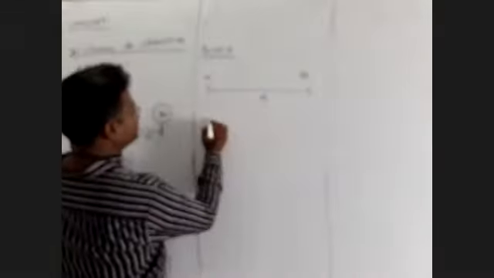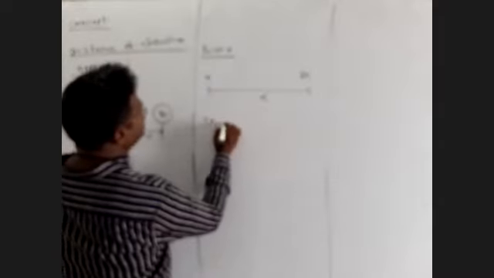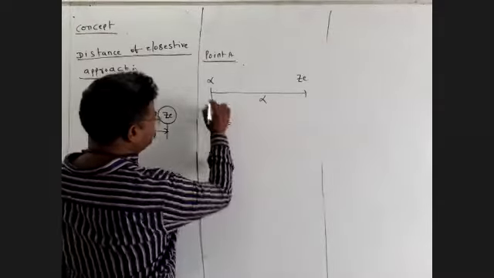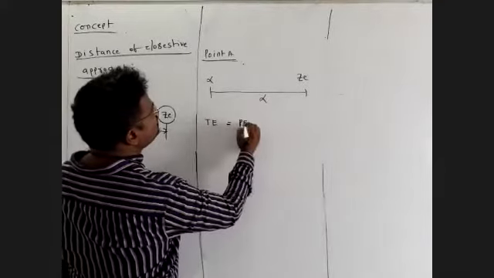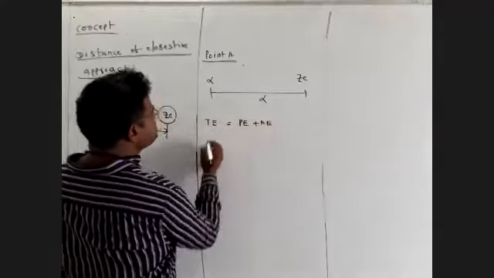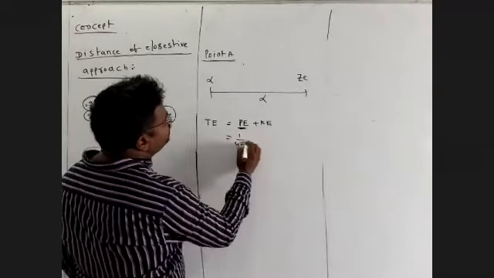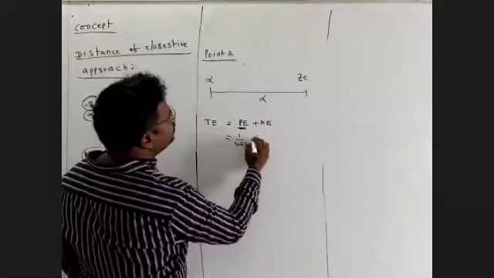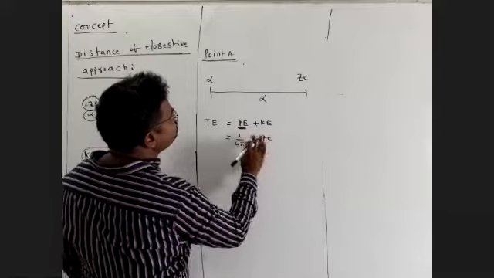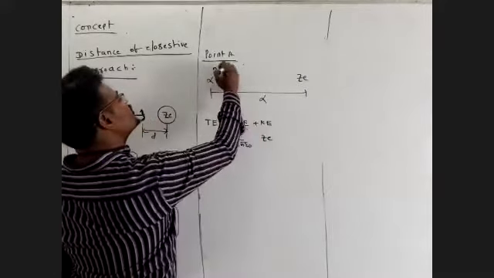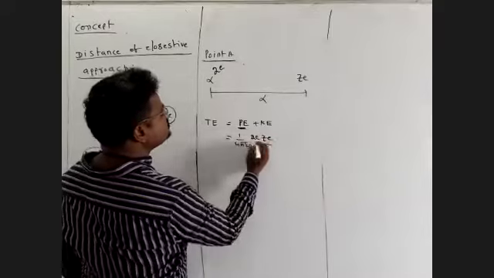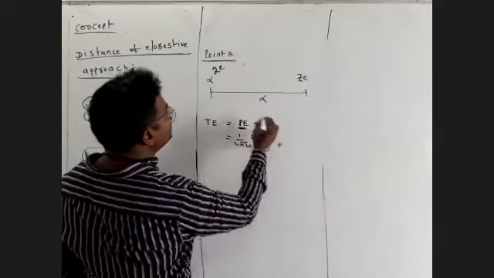The total energy at this point is equal to potential energy plus kinetic energy. The potential energy is 1/4 pi epsilon naught into alpha particle charge 2e times ZE, by distance infinity, plus kinetic energy.